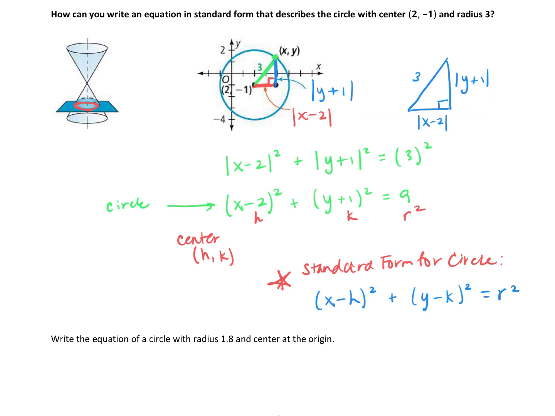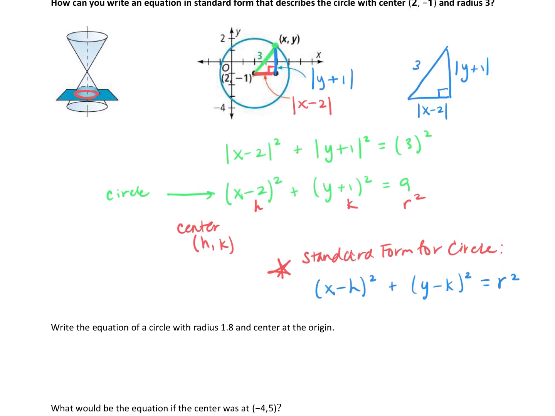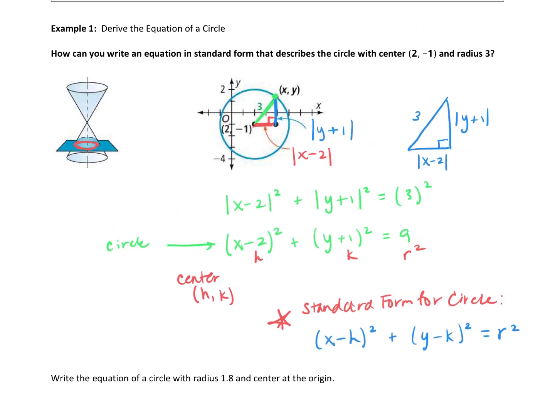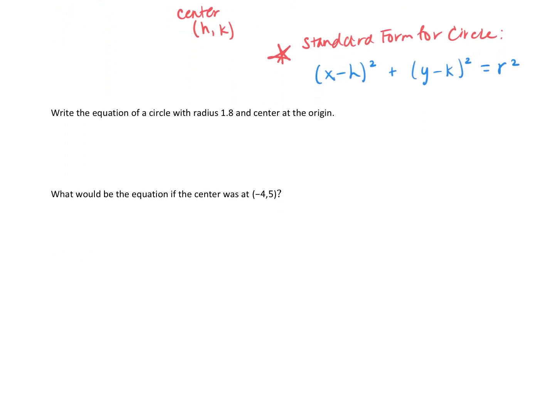And again, your h and your k are the center of your circle, and that r is the radius. So there we go. How quick was that? We got our equation of a circle. And you can just see that stems from using the Pythagorean theorem with a triangle within the circle. Look how creative these mathematicians are.